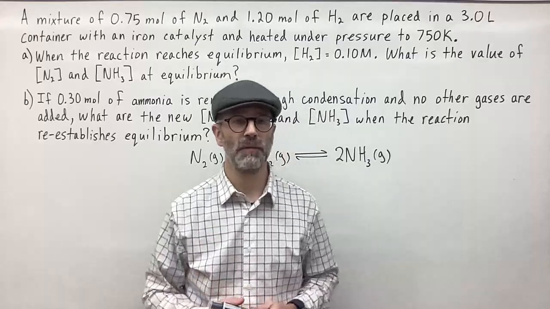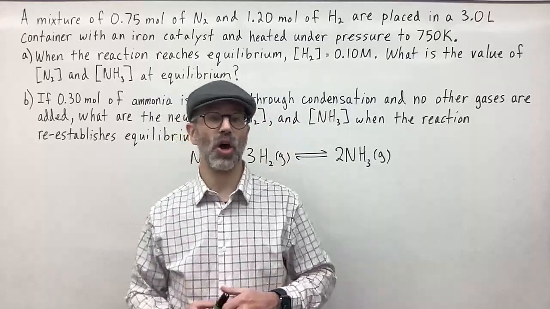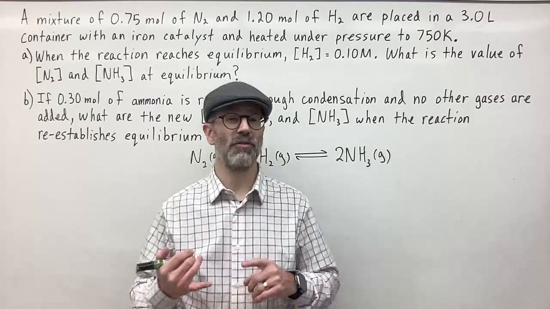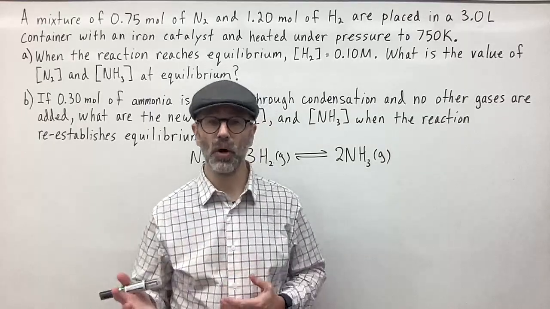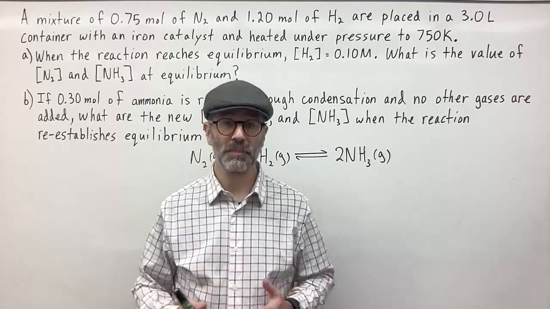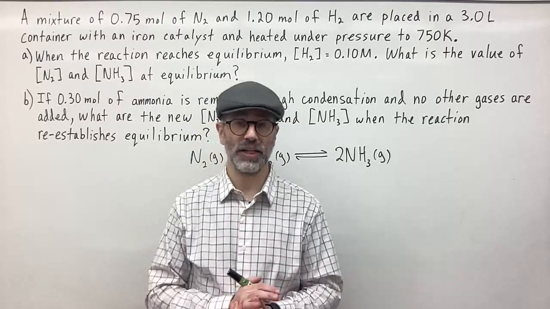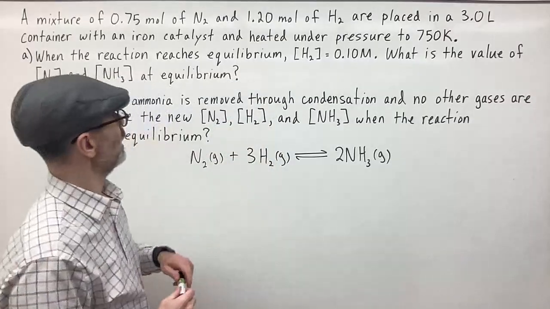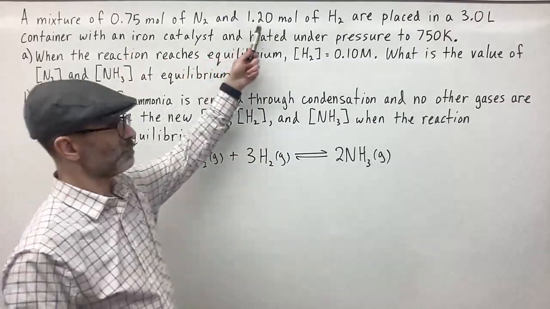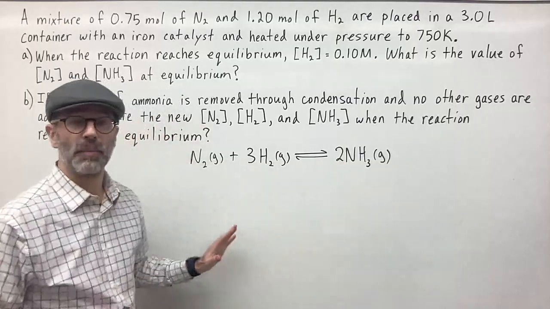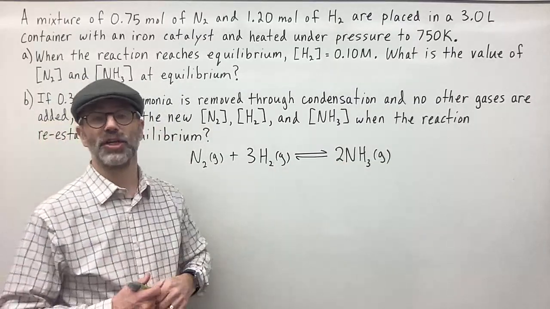So the first part, they want to know what the equilibrium concentrations are of the nitrogen and the ammonia at equilibrium. And so they gave us the equilibrium concentration of H2, but notice they gave us moles here. So we can do an ice table right away, but we need to get concentrations and not moles.